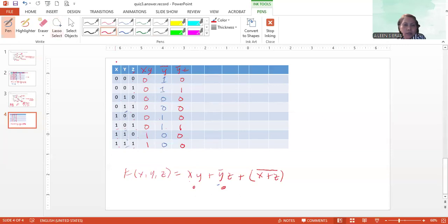So let's proceed to the x plus z bar. To make it easier for us, let's get the value of x plus z first. So whatever the value of x plus z is, the opposite is the bar.